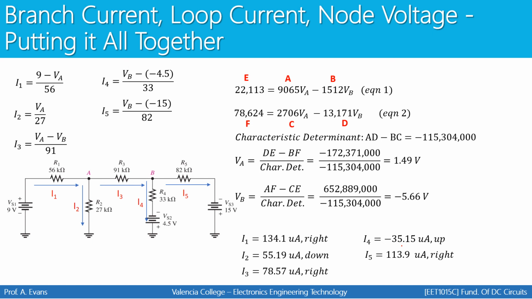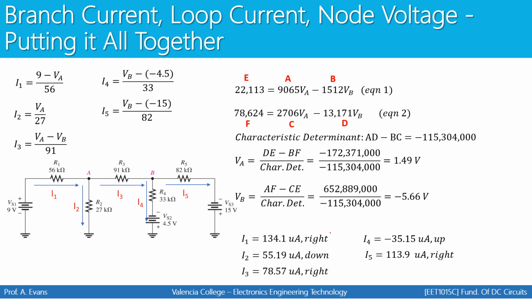Also, with this approach, your answers will come out to be the exact same as they were for loop current. So again, the method is not nearly as important as understanding how to apply it. All three methods work. All three methods will give you the correct answer if you apply them correctly. Just make sure that you can understand each method, and for the purpose of saving yourself maybe a little bit of time or energy, it may be useful to look forward and figure out which one might be the fastest for me to apply.